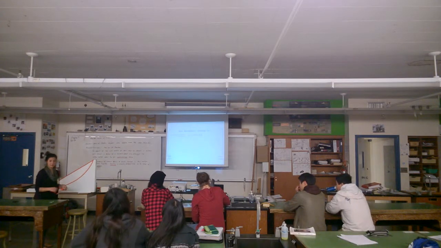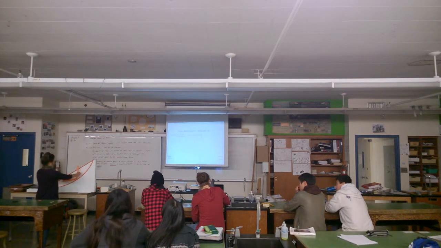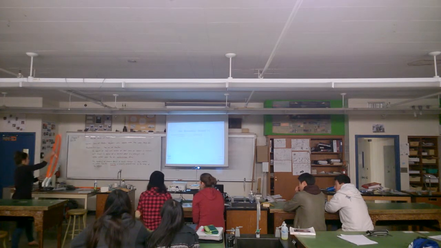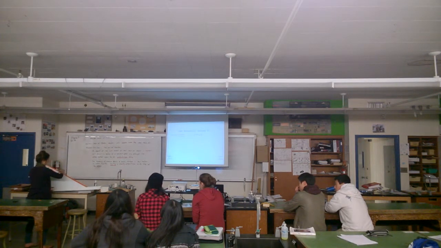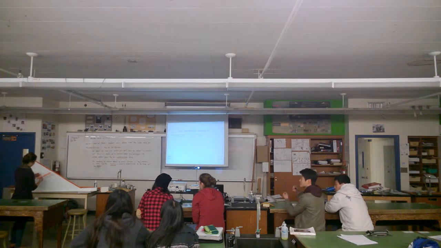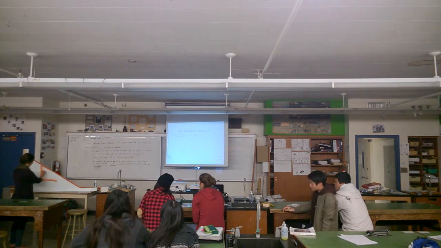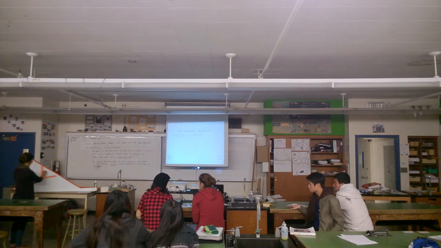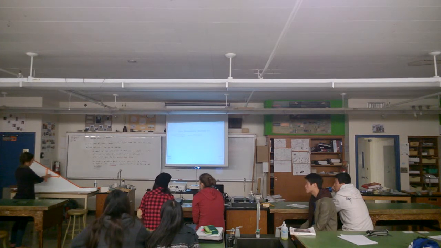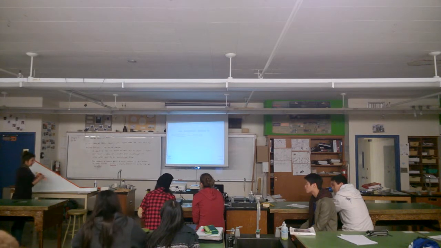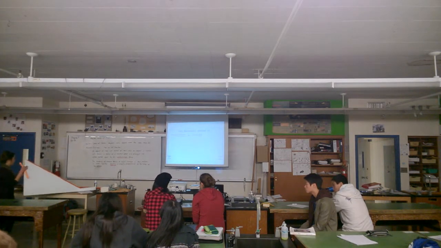Or with a ruler, that's true. So if we have x and y, the change in x and the change in y, it's easy to find the part that is in between, right? Just by Pythagoras theorem.